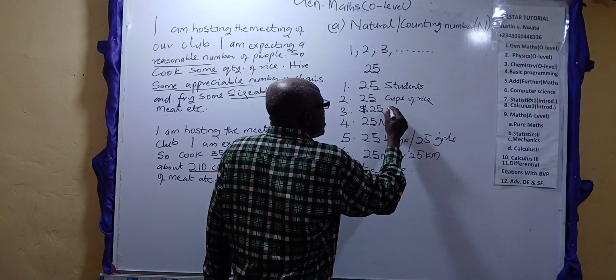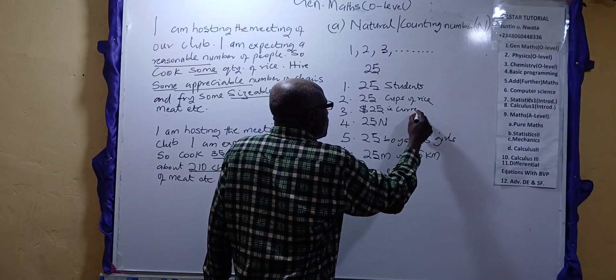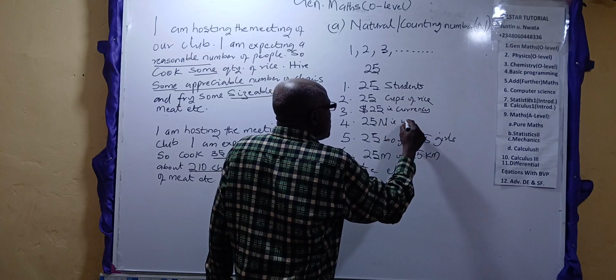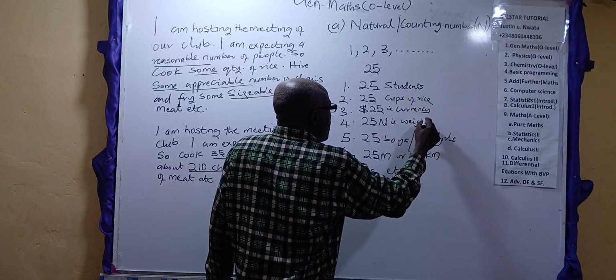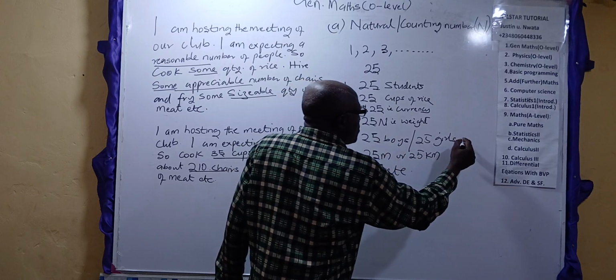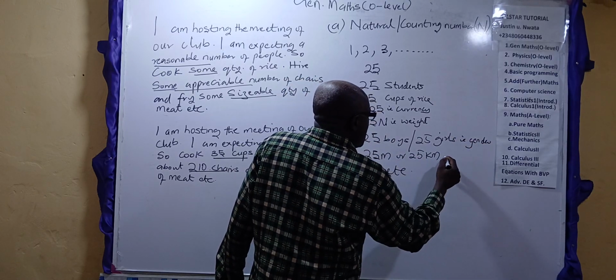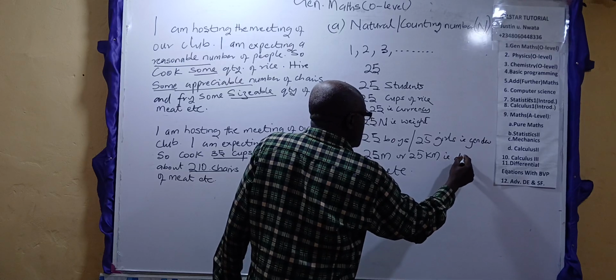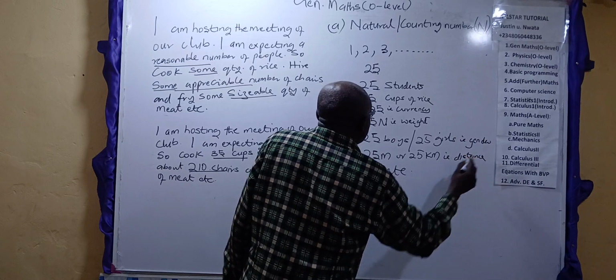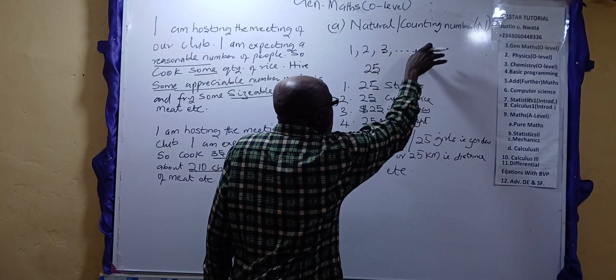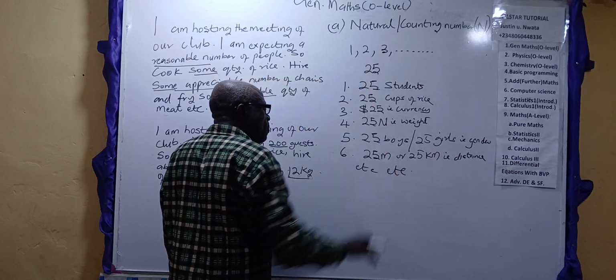Here it's talking about currency. Here it's talking about weight. 25 boys, 25 girls, talking about gender. It's talking about distance. So any number you pick from this counting or natural number can be used to serve a purpose like this.